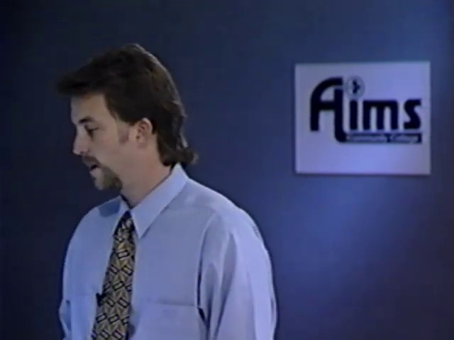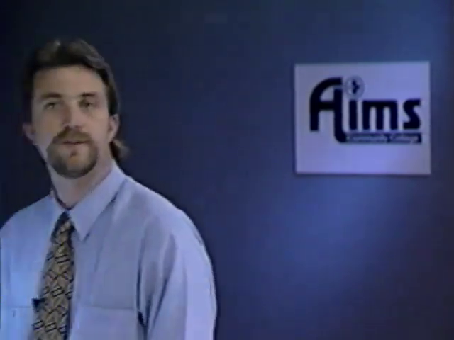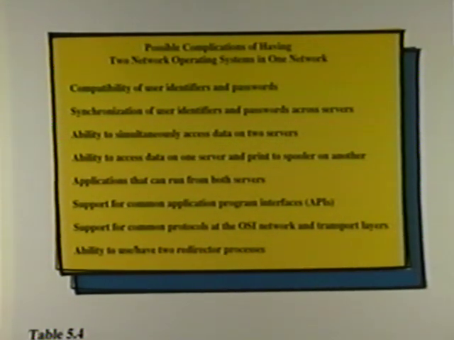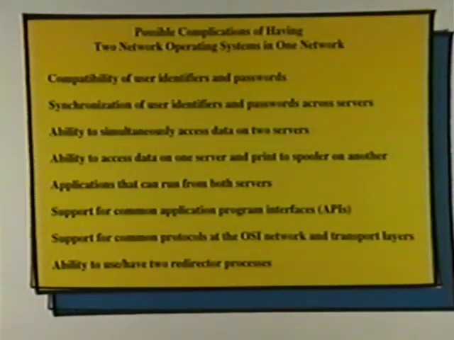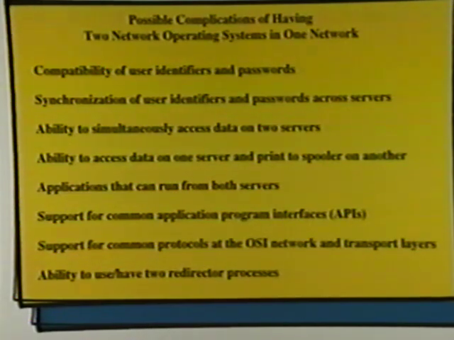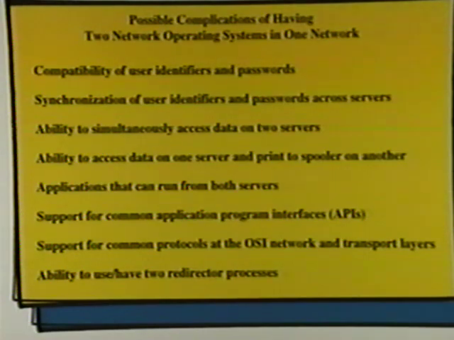Let's look at some other possible complications of having multiple or differing network operating systems. We'll look on the overhead here and just go through this table. Let me zoom in for you. Recall that one of the key differences of working on a local area network is the use of user IDs and passwords.